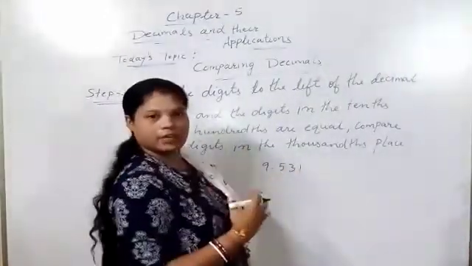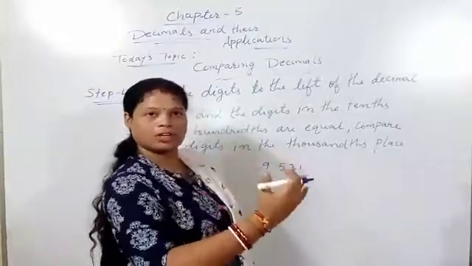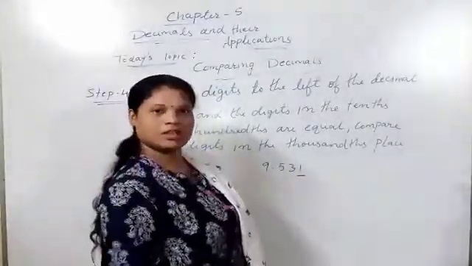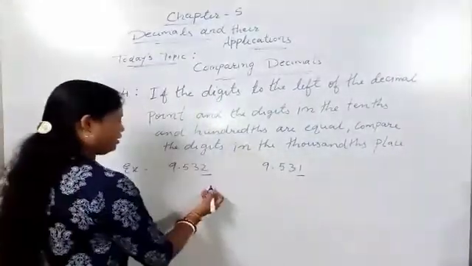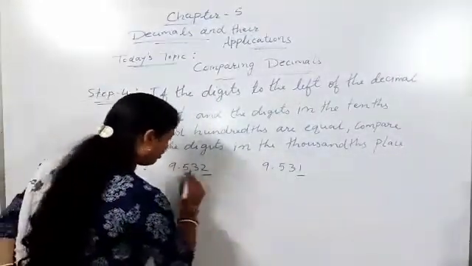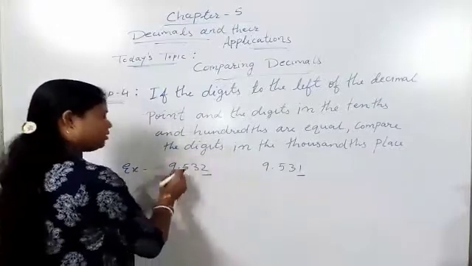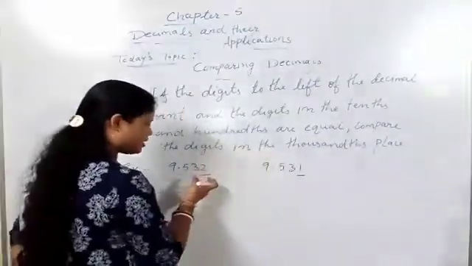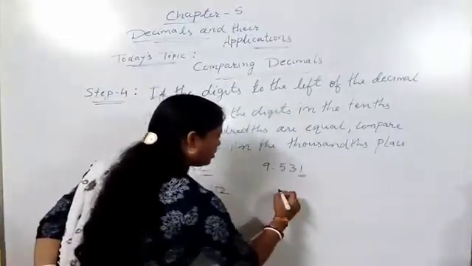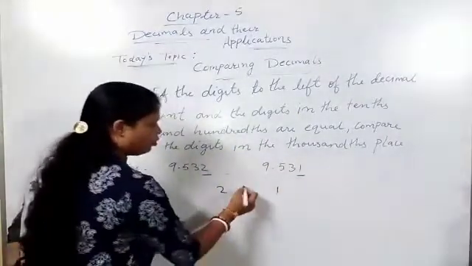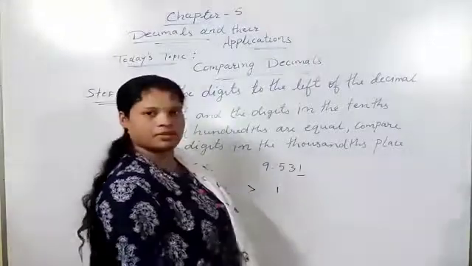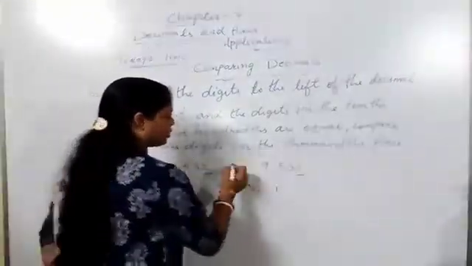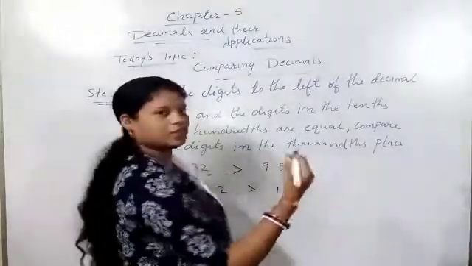If both are equal, then we jump to the thousandths place. We check 9, 5, 3, all are equal, then the thousandths place, that is 2, and here it is 1. So 2 is greater than 1. So 9.532 is greater than 9.531.